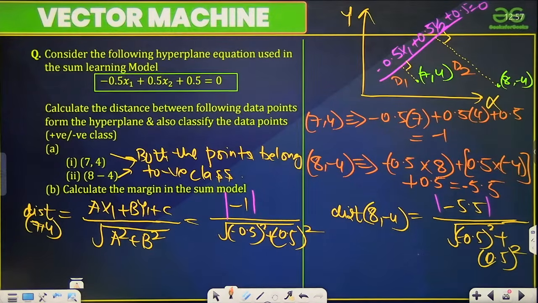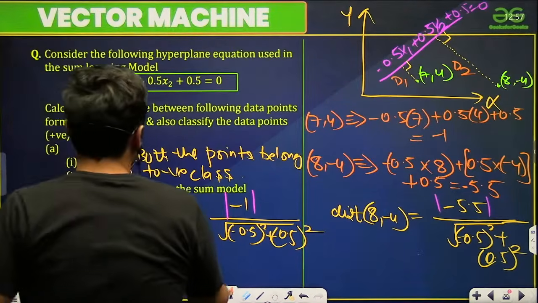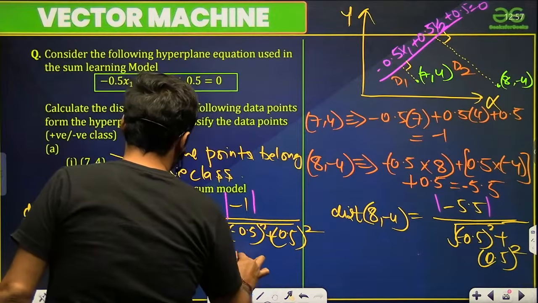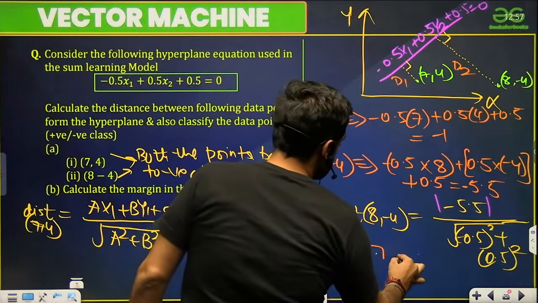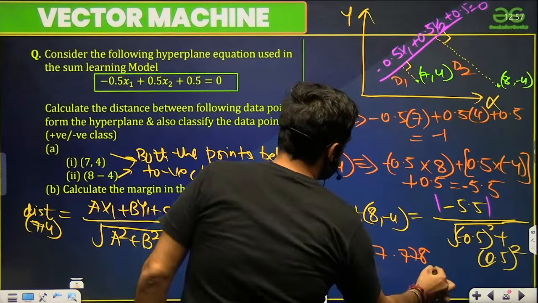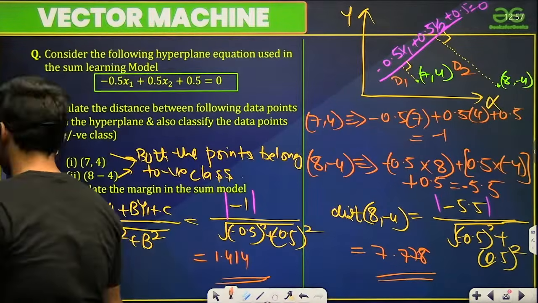You will be getting 1.414 and 7.778. So this distance is 1.414, and the second would be 7.778. So these are the distances.